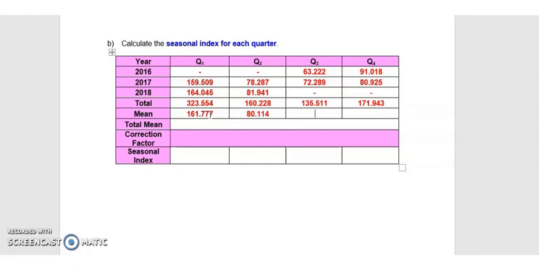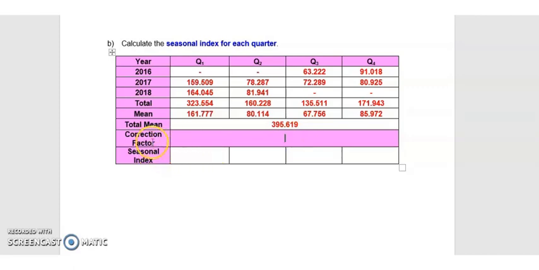Third quarter mean 135.511 divided by 2, we will get 67.756. And for the last quarter the mean will be 171.943 divided by 2, we will get 85.972. Okay, total mean. Total mean means you total out these four values. So the total mean will be 395.619.